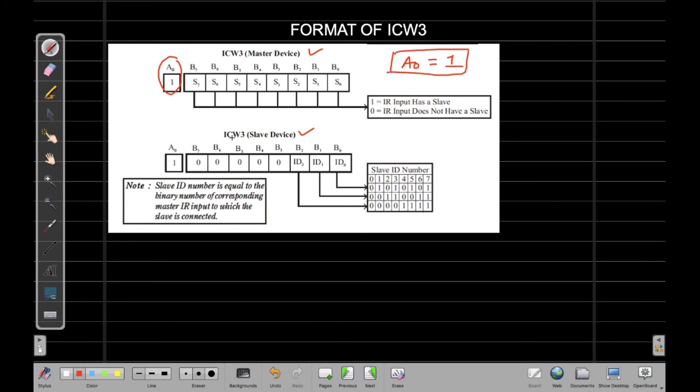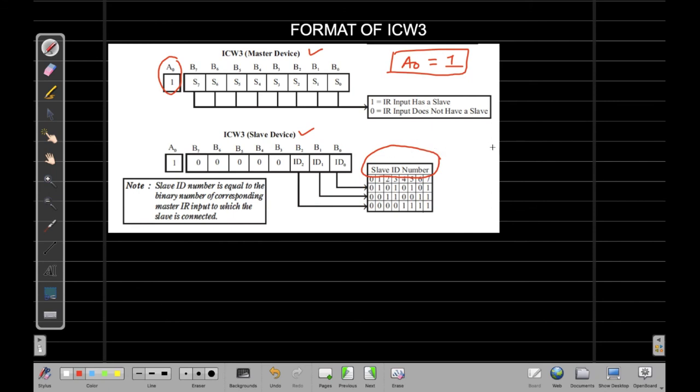Next is the format of the slave device. The master device will be sending the control signals to the slave device in a particular sequence. There are about 8 slave devices which are connected to the master. Each slave device can be identified by the master using a number called the slave ID. So every device which is connected to the master is assigned a slave ID number.